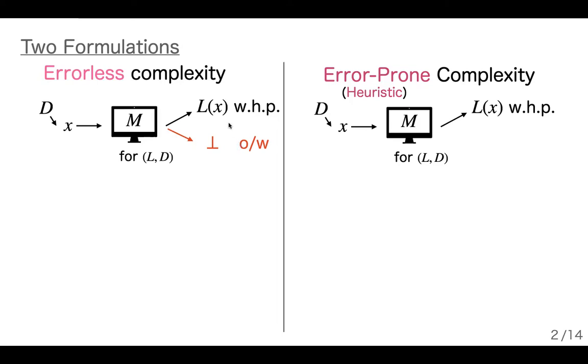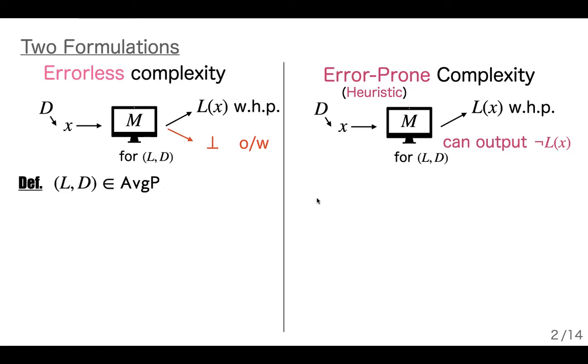That's why in errorless complexity, we consider the complexity of solving problems in the errorless setting. And in error-prone complexity, we do not consider this additional condition. So the algorithm can output the wrong answer, and we just focus on the success probability of M.